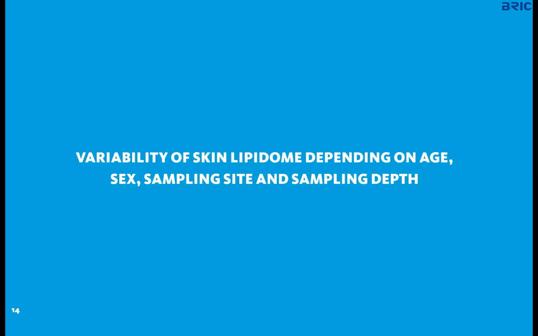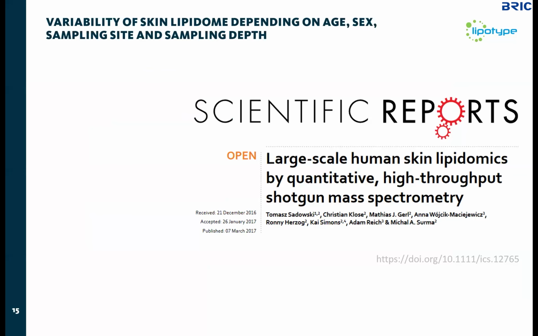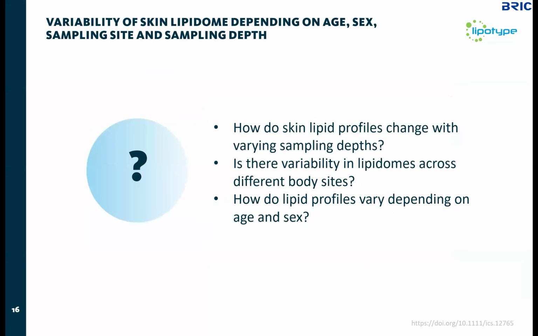This is the study which was performed by Lipotype, and it is focused on variability of skin lipids depending on multiple factors. So the main research question in this study was, how do skin lipid profiles differ depending on parameters such as sampling depth, sex, age of participants, and is there any variability across different body sites?